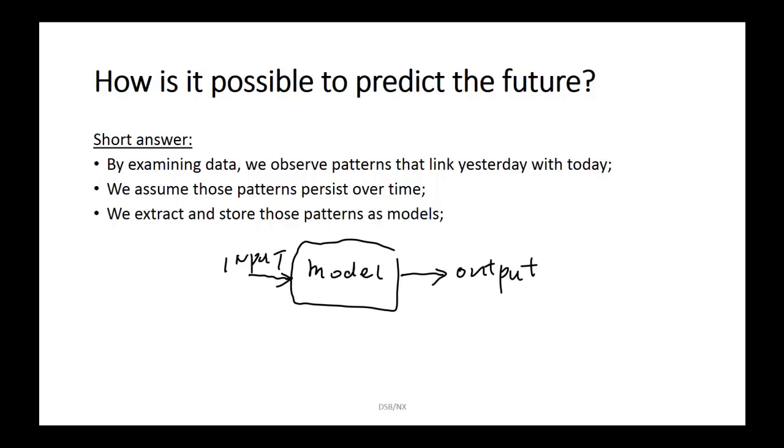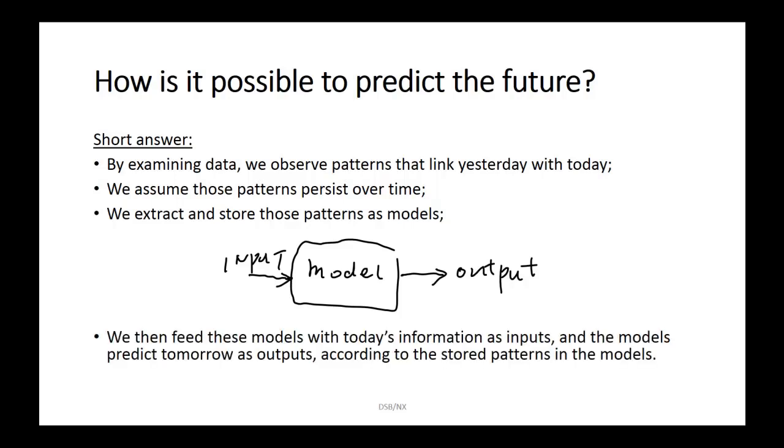For now, you just need to think of a model as a black box. With inputs, it produces outputs. We then feed these models with today's information as inputs, and the models predict tomorrow as outputs, according to the stored patterns in the models.